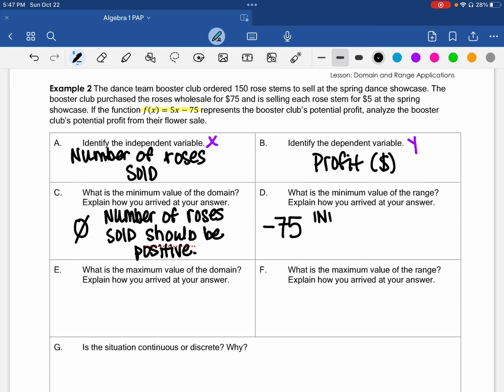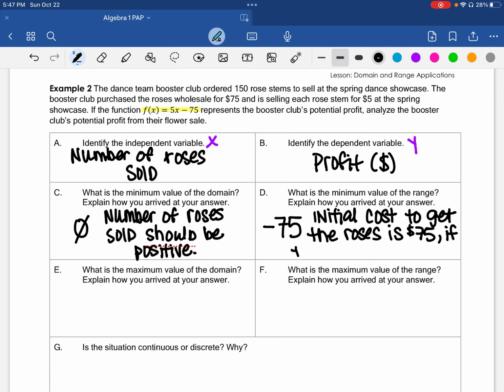This is because of the initial cost to get the roses. And that is $75.